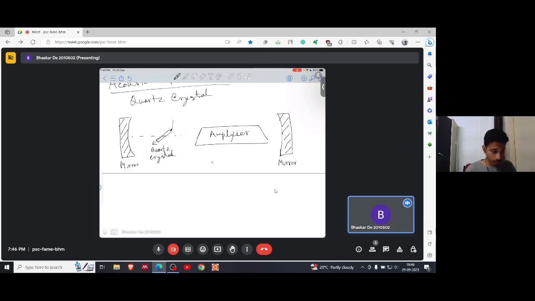So this is a quartz crystal with an RF transducer.